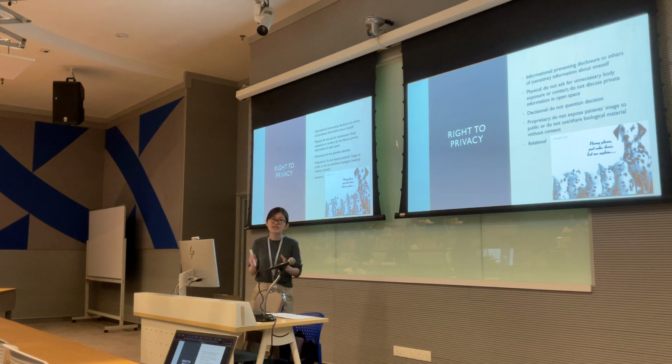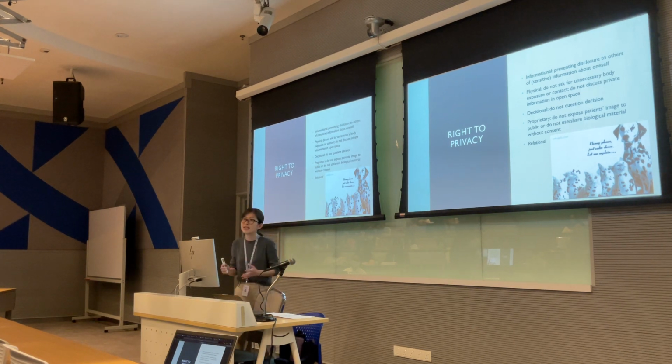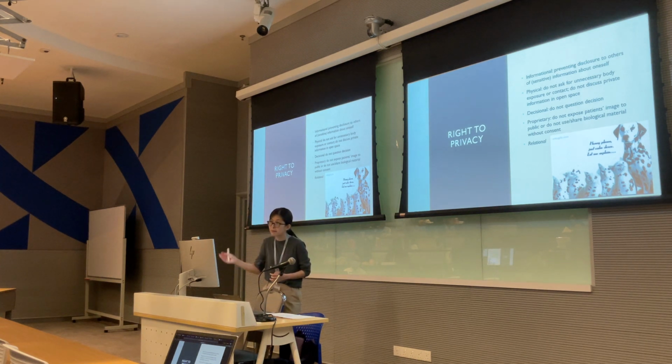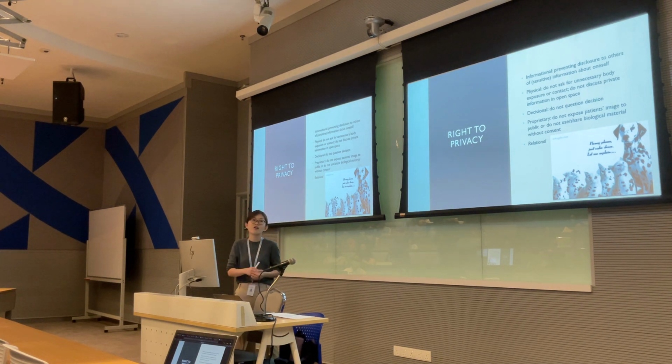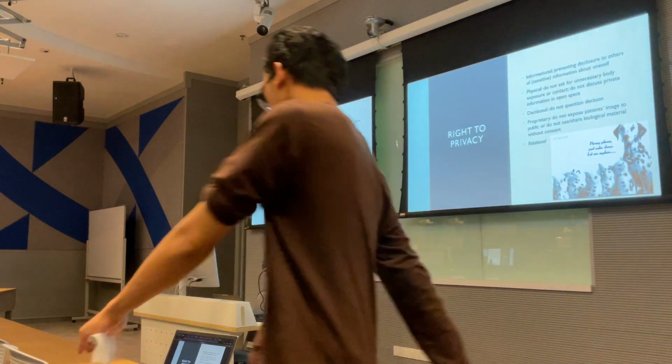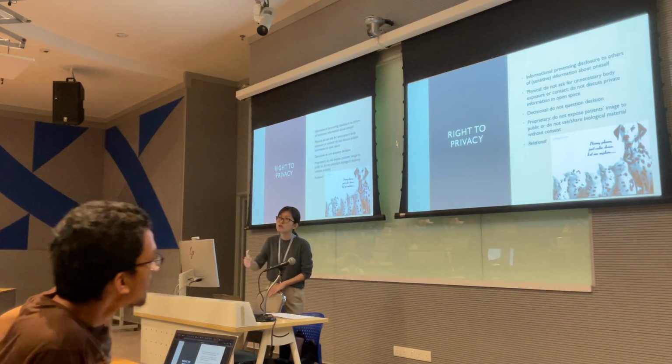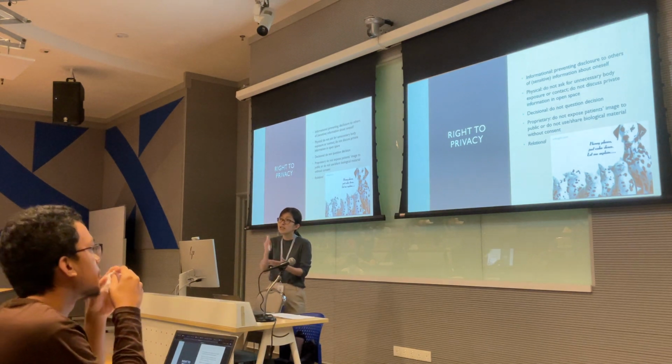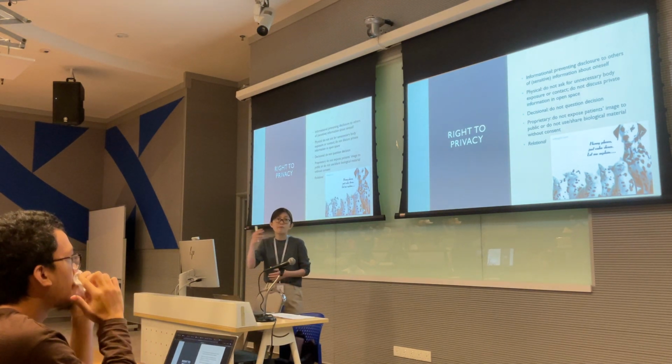Privacy means you want to limit the access of some information to a person. You want to work in a private environment, or you want to keep your weight or your age private, meaning that you don't want to disclose your information. You want to keep your information from a person.